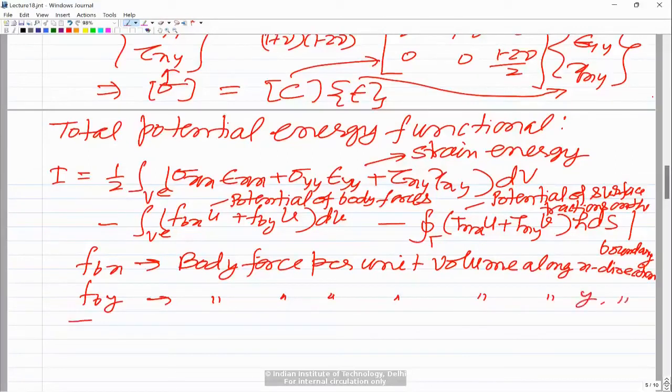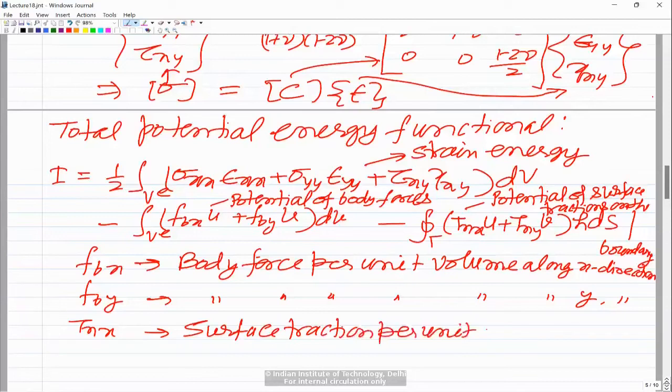And similarly if you look at Tnx, this is also actually force per unit area, but we call it a surface traction. So surface traction, because this is on the boundary, per unit area. So this is a stress-like quantity per unit area along x direction, and Tny is the surface traction per unit area along y direction.